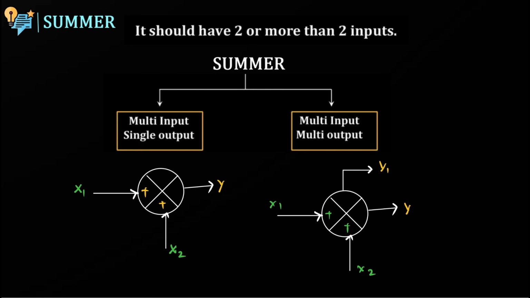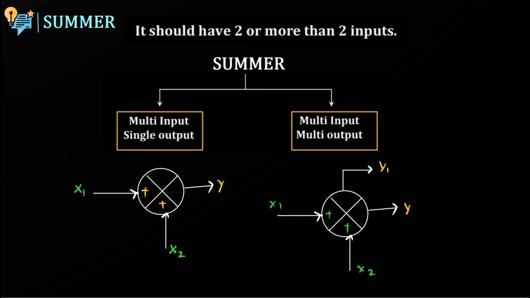There are different types of summer blocks: multi-input single output, and multi-input multi-output. A summer block will always have multiple inputs, that is more than one, but the output can be single or multiple.